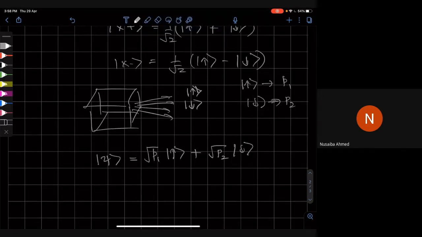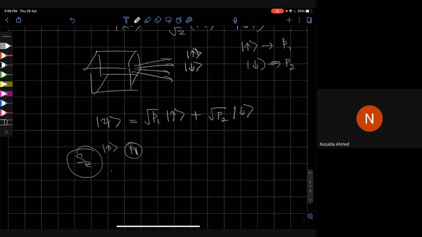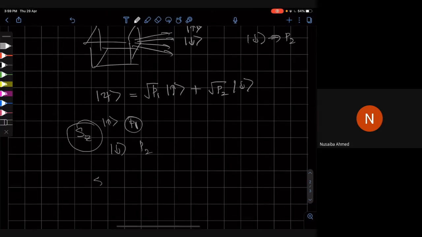As long as you are measuring Sz, of course you're going to get a P1 fraction of the states with spin up, and the fraction of the states with spin down will be P2.